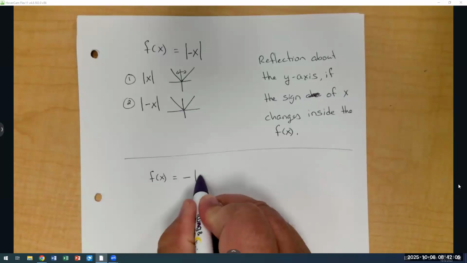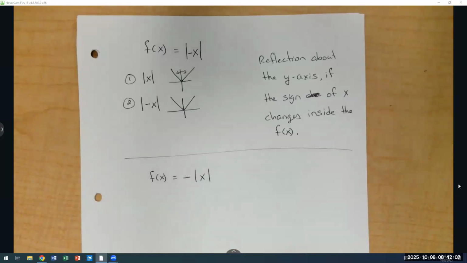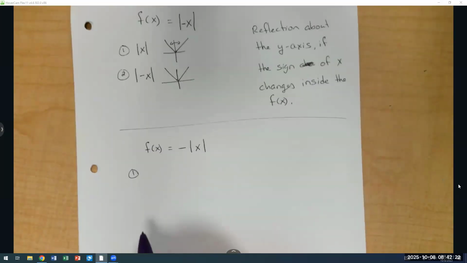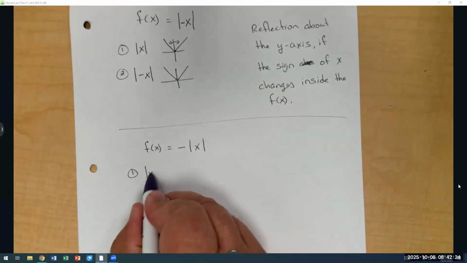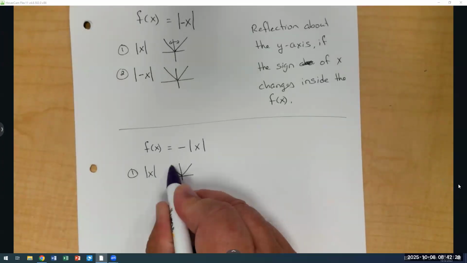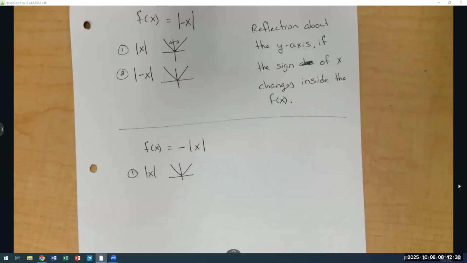What happens if the sign changes outside the function? Reflections deal with signs changing. That's what reflections deal with. So let's look at here. What's the original function? Absolute value of x. That's that graph.